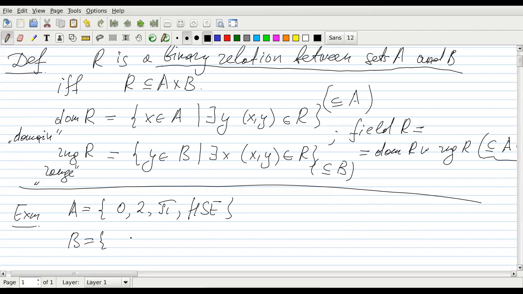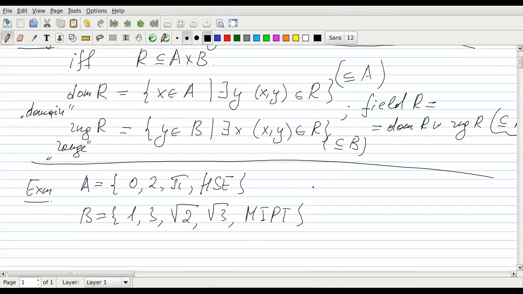And the set B consists of 1, 3, say the square root of 2, the square root of 3, and say, I don't know, MIPT. Do you know what MIPT stands for?